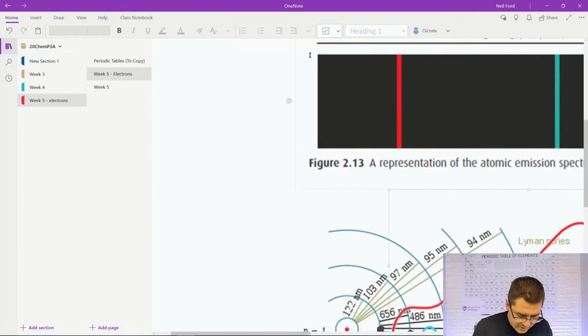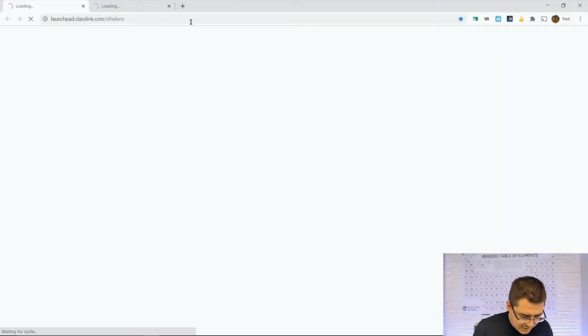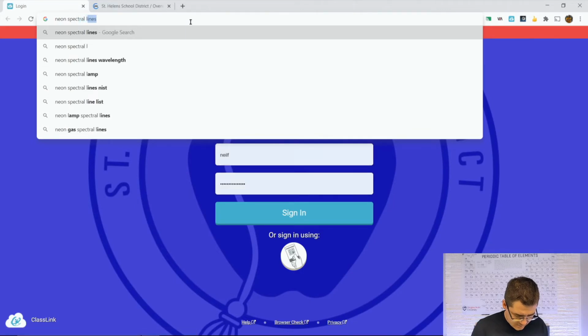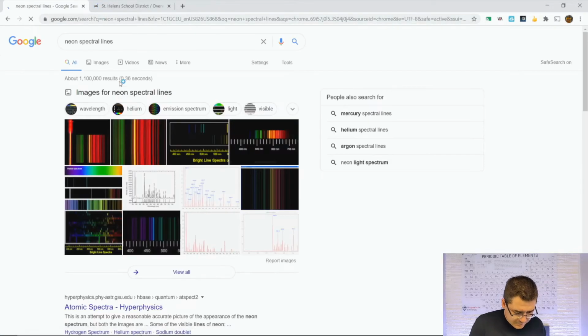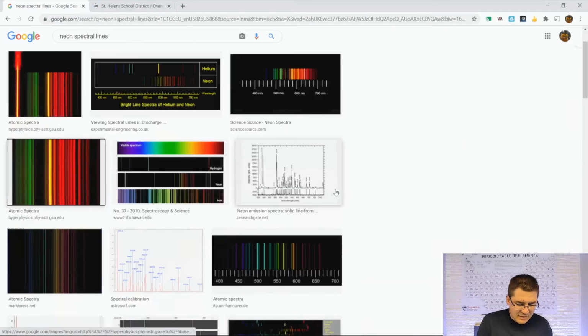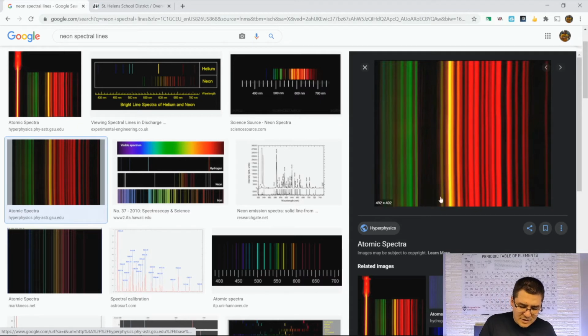Let's see if I can find a good example. I know the neon spectral lines are pretty good. So that red that you see in neon is actually made up of a bunch of red spectral lines, but also some yellow and green.